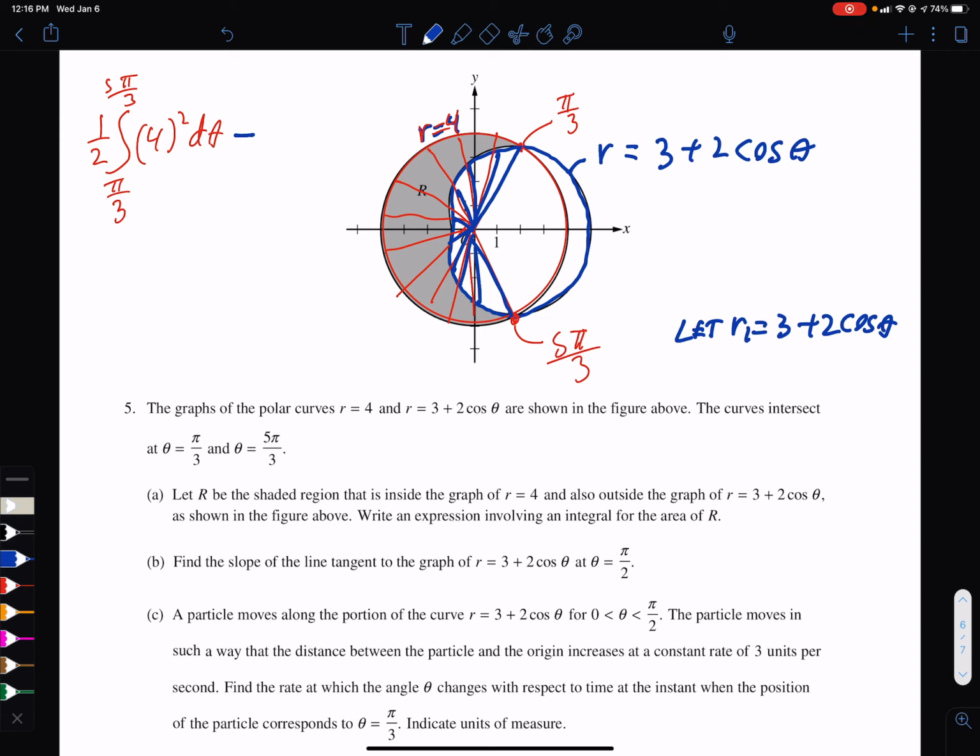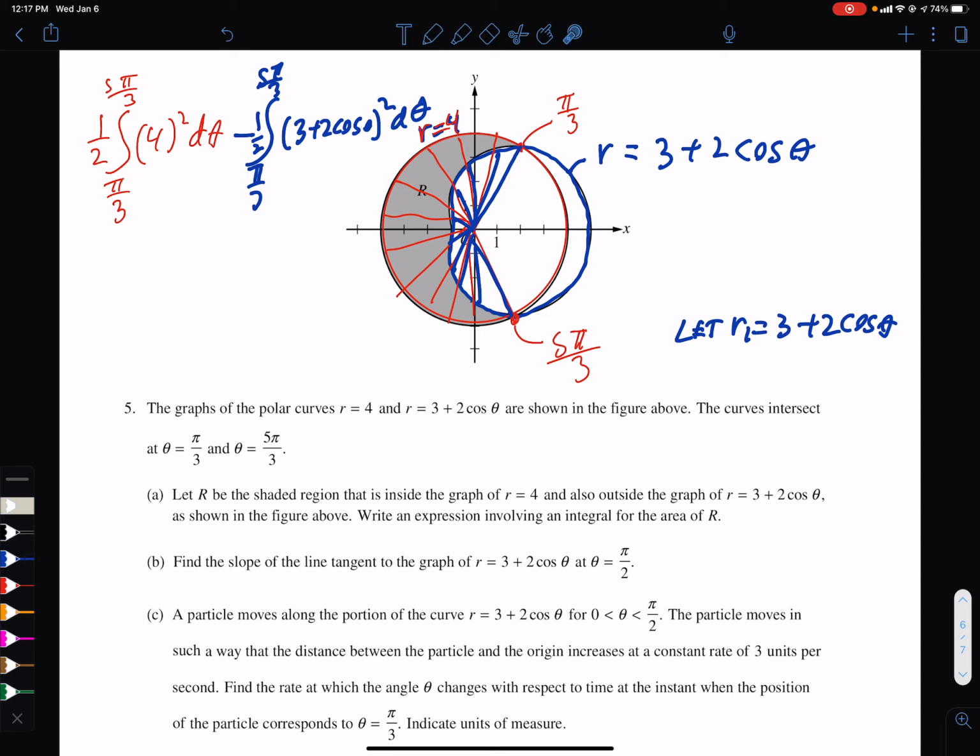So I subtract 1/2, starting at pi over 3 also, ending at 5 pi over 3, with r equal to 3 plus 2 cos theta, r squared d theta. We don't have to actually calculate it. It just wants an expression, so that answer is perfectly fine.